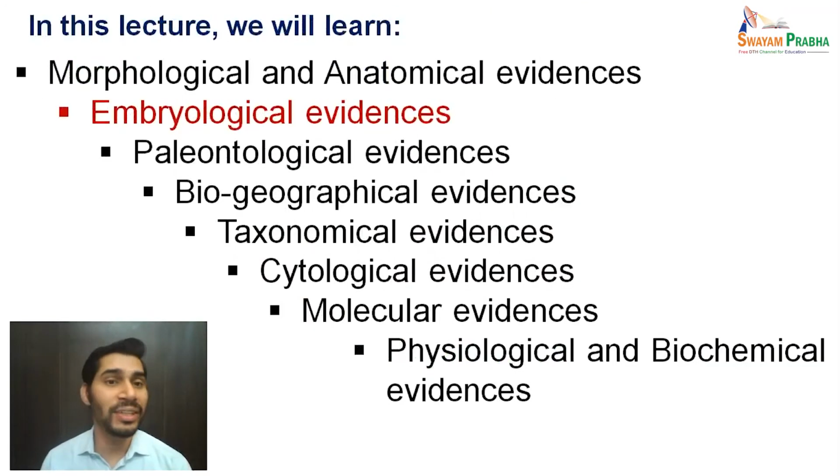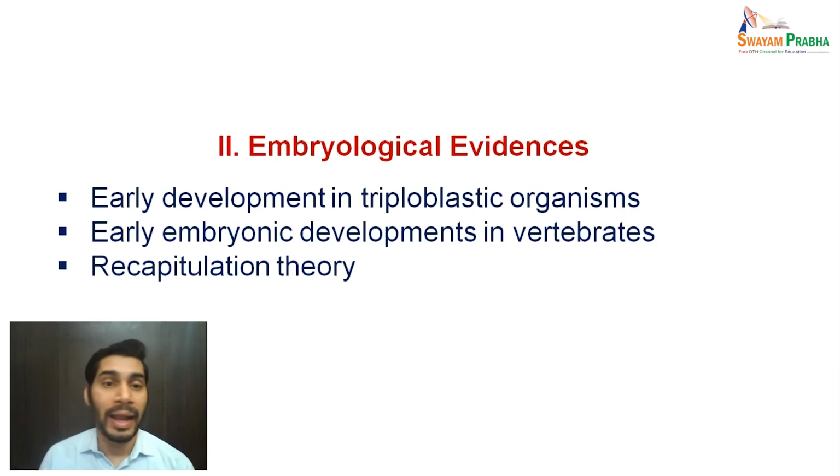So after discussing all these morphological and anatomical evidences, let us try to understand how embryology provides supporting evidence for evolution. Under embryological evidences, we will discuss the early embryonic development in triploblastic organisms. When I say triploblastic, that means animals which have their organs or tissues developed from three germ layers, which we name ectoderm, mesoderm and endoderm.